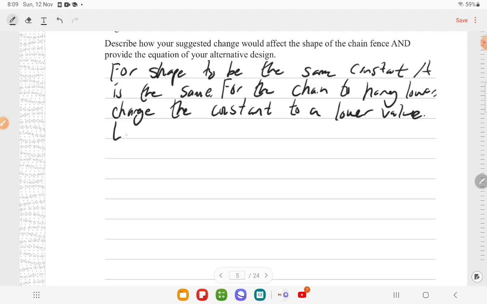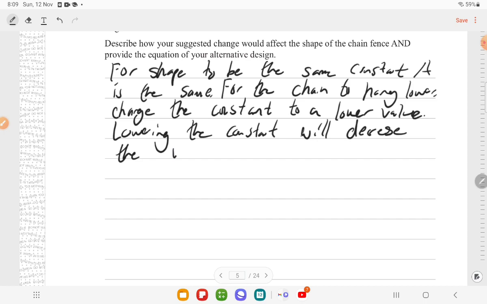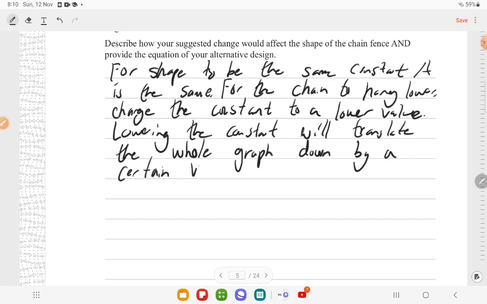So lowering the constant will not decrease, but translate the whole graph down by a certain value, for every point on the graph.